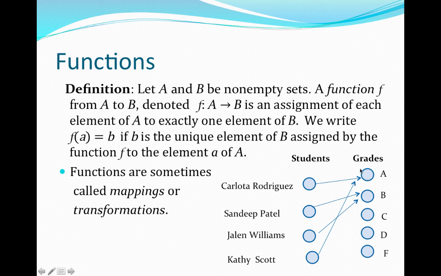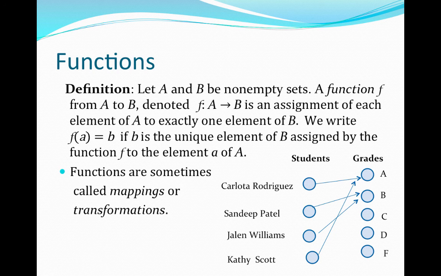So a function can be defined in a number of ways, and we'll see a number of ways throughout this video in which we can define it. But the first simple way, when we have particularly finite sets of students and sets of grades which are finite, it is easy to define this particular function with an arrow diagram.